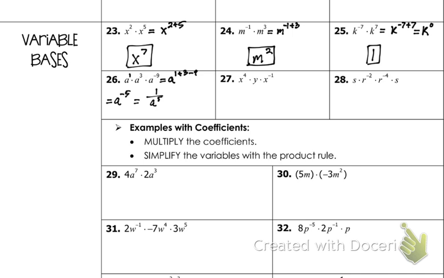Okay, but now we have something slightly different. When I multiply x times y, it doesn't do anything. It has to have the same base to add our powers. So we need to realize that if I have a chain of multiplications, I can change the order they come in. I can rewrite this as y times x to the 4th times x to the negative 1.